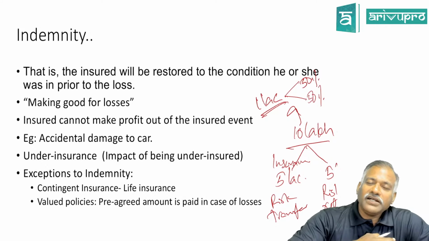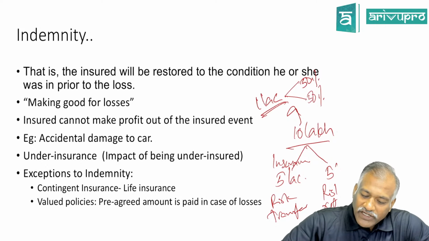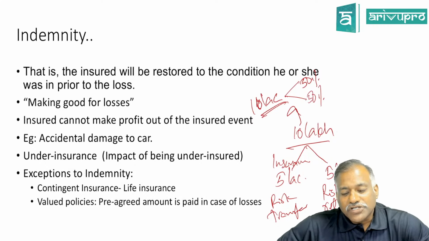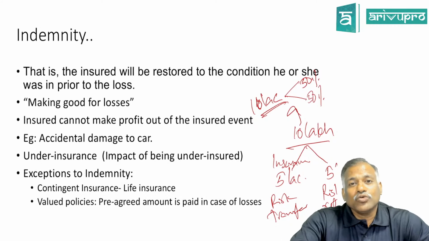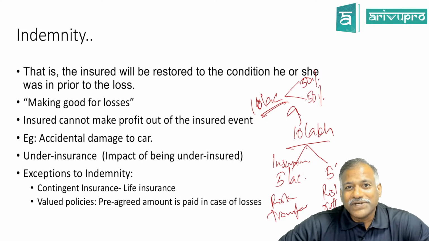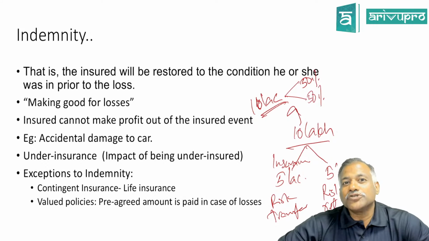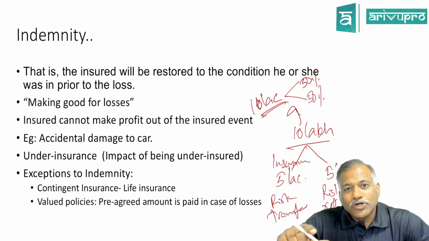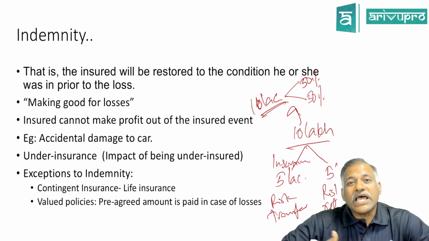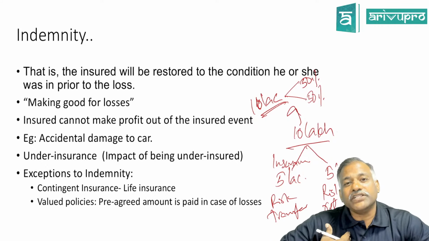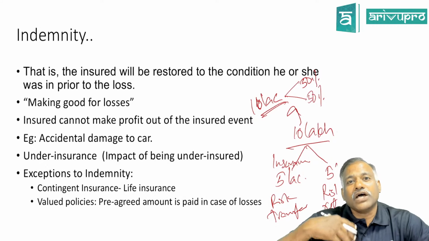Similarly, let us say the entire property is destroyed. The entire thing becomes a 10 lakh loss. Now, 5 lakh is the insurance company's obligation. So they pay you 5 lakh and tell you to bear the balance 5 lakhs. That is the impact of underinsurance. If you underinsure, you should understand that to the extent of underinsurance, it is risk retention, which means I am responsible for compensating the losses for the underinsured portion.